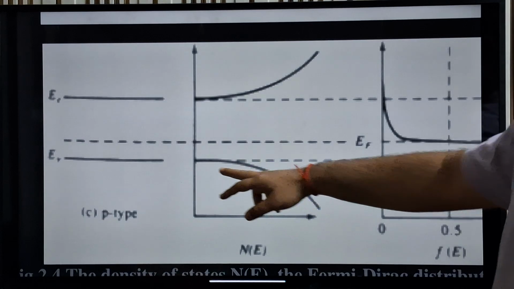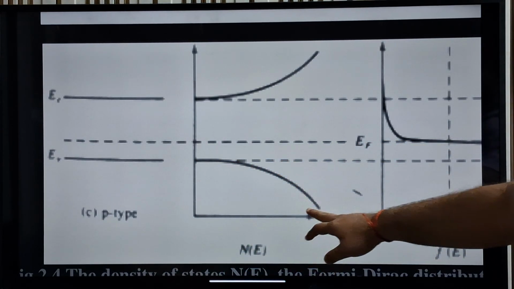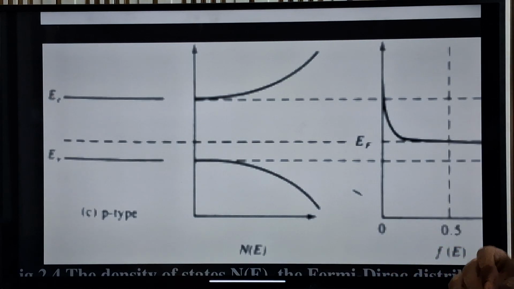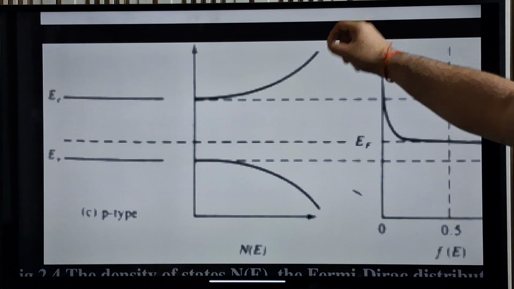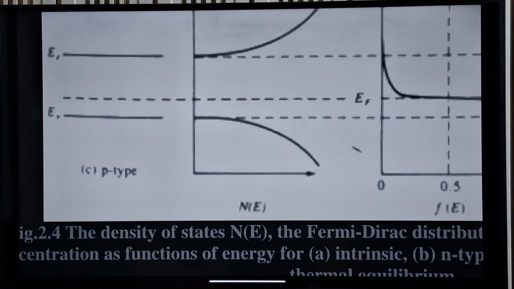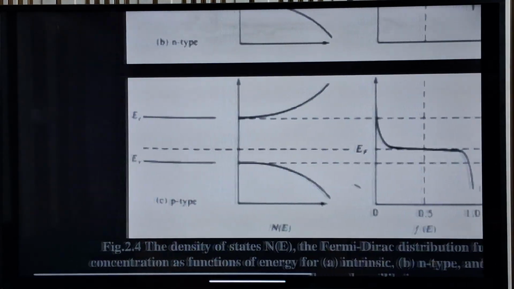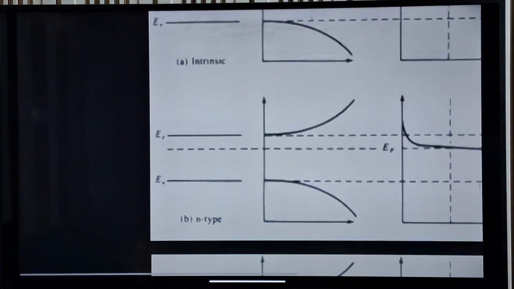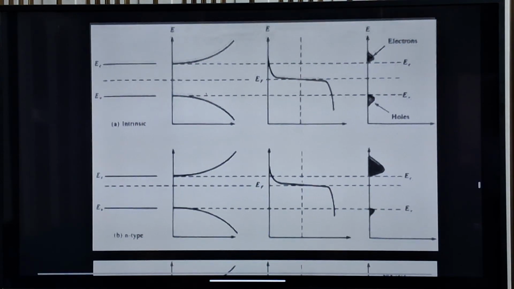So in valence band, with decrease in energy, the density of energy states increases. And in the conduction band, with increasing energy, the density of states Ne increases. So this remains constant throughout all the three types of semiconductors that are shown here.